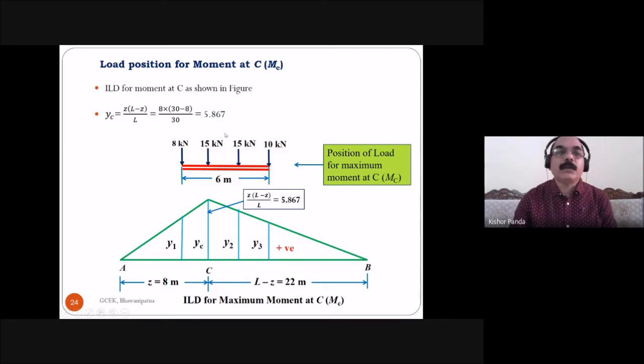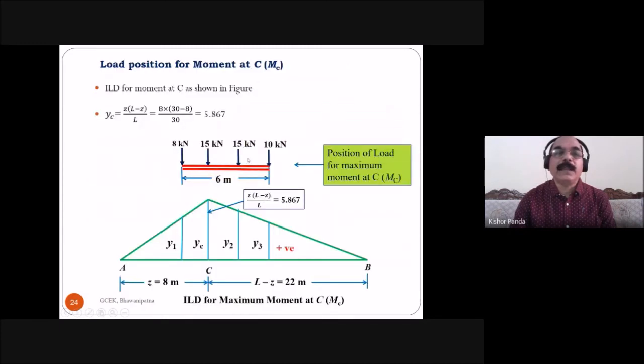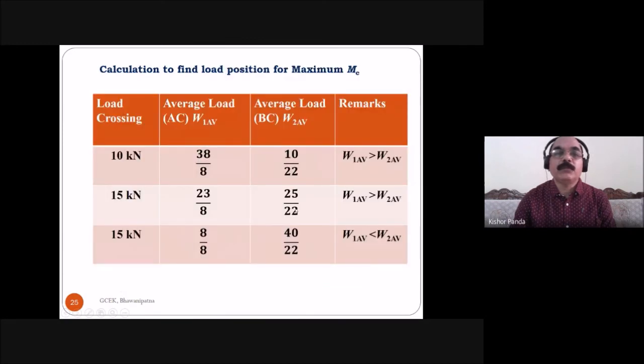On the left side, 15 plus 8 is 23 by 8. On the right side, 15 plus 10 is 25 by 22. So here also the average load on the left side is greater than the average load on the right side: W1 AB greater than W2 AB.